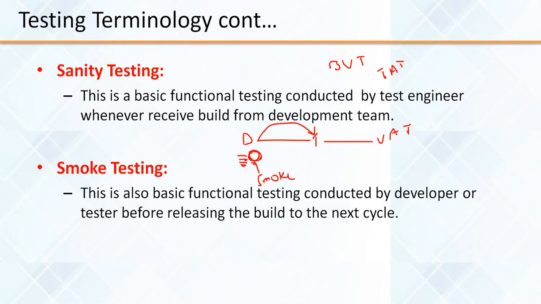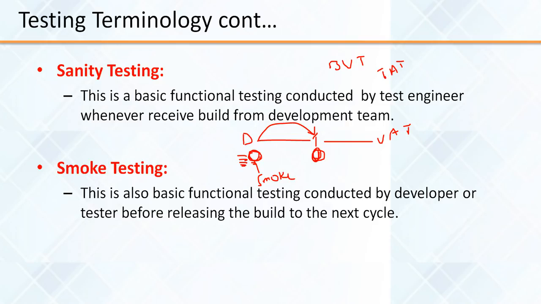Now when you come to the testing team, as soon as we get the build, we again conduct basic functionality testing. We install the build in our environment and check whether installation is successful and whether basic screens and navigations are working. As soon as we get the build from the development team, we conduct this basic testing, and here we call it sanity testing.